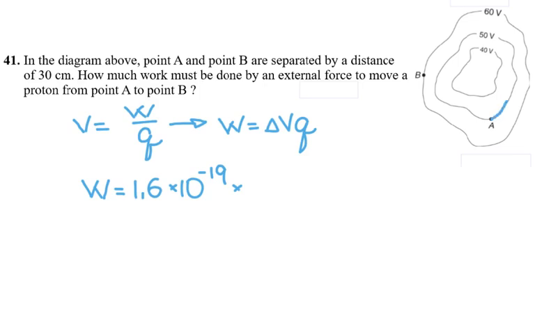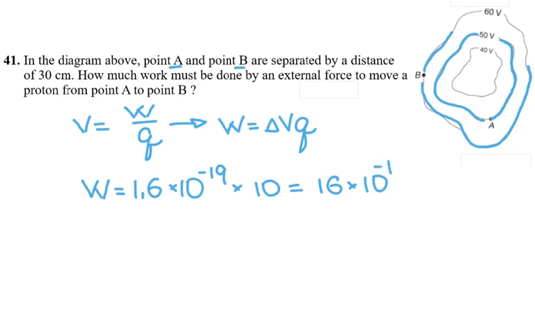This equipotential line is 50 volts, and this equipotential line is 60 volts. It went from A to B, so it gained 10 volts. So the change is 10. That gives me 1.6×10^-18 joules.